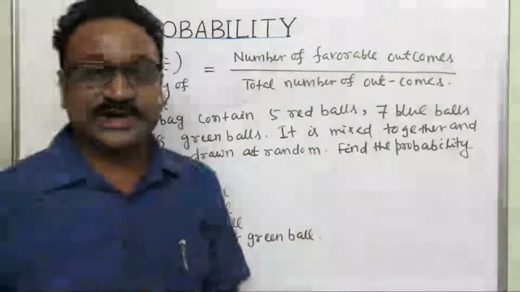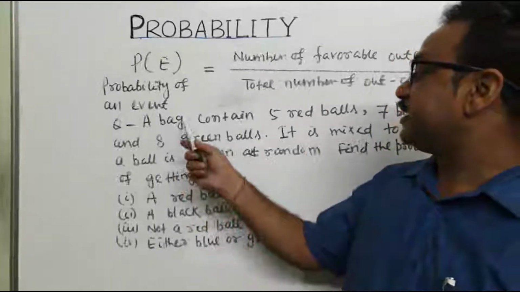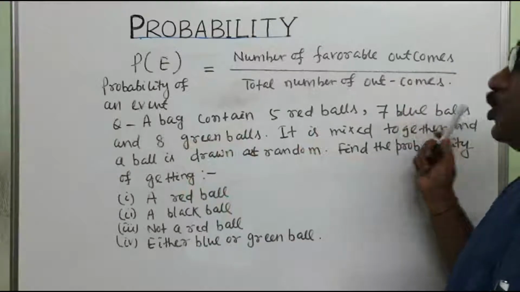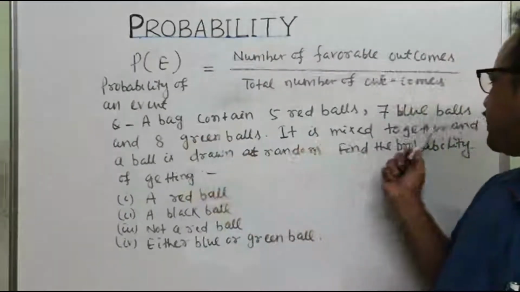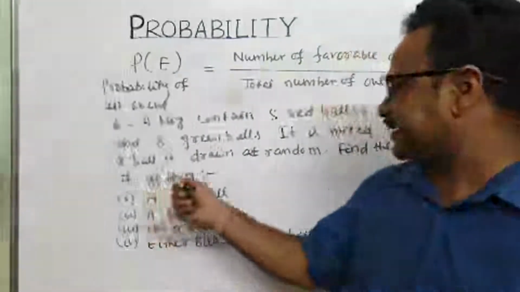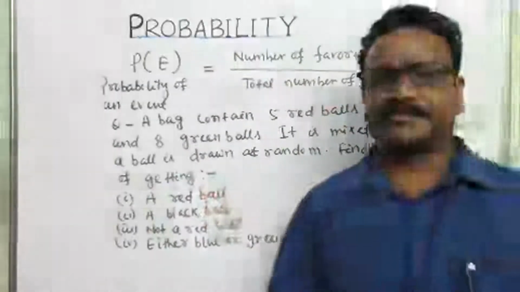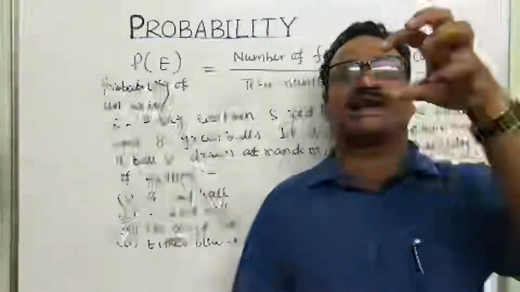Now the question is given. Look at the question. Okay. Now see, a bag contains 5 red balls, 7 blue balls and 8 green balls. Now it is mixed together, randomly mixed, and find the probability of getting a red ball if one ball is chosen at random.